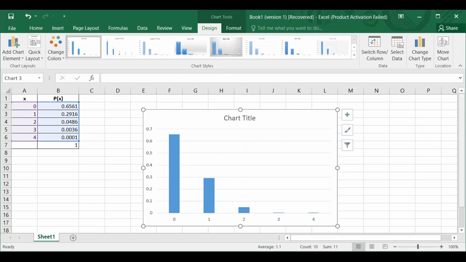This is the graph. So you can see that it was for p equal to 0.1.